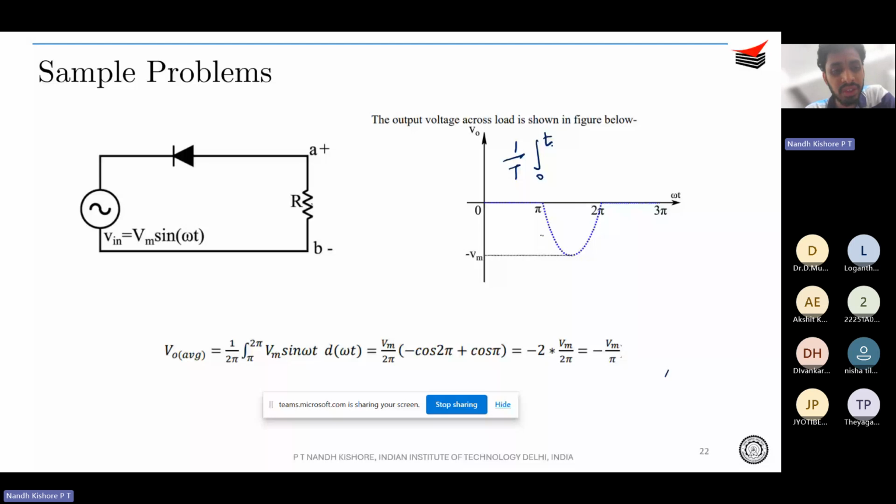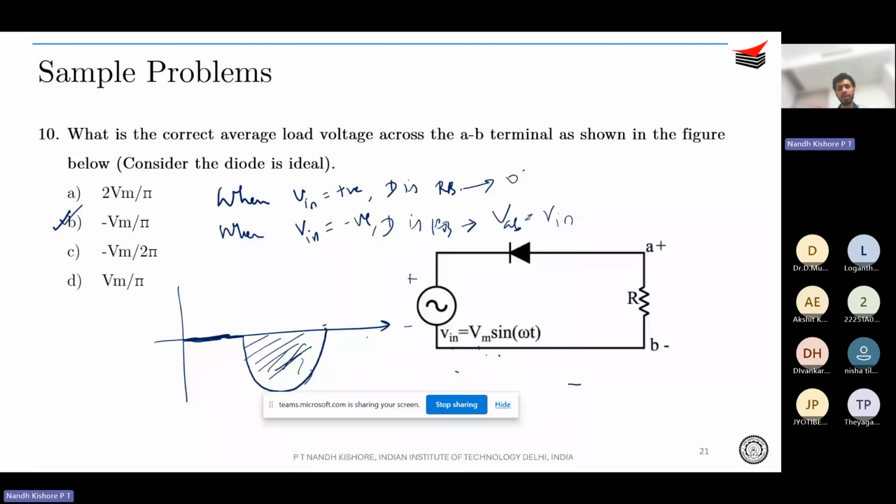Your f of t is actually Vm sine omega t, so you just substitute that over here. And what is the time? I should not write 0 to T, it should be t1 to t2. t1 to t2 is pi, between this point and this point. So you just substitute that and find out the area. You will get, as you told, minus Vm by pi.